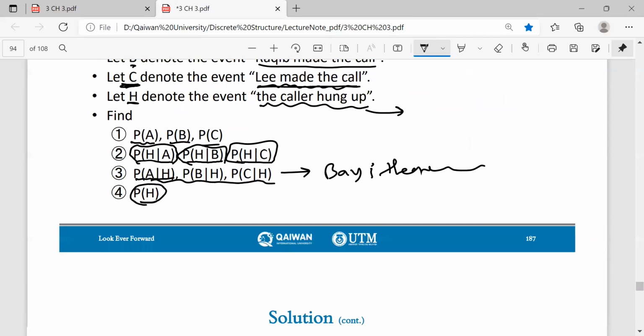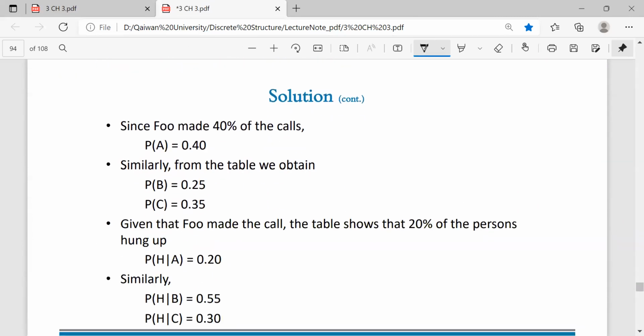Since Fu made 40% of the calls, that means probability of A is 0.40, because 40% of the calls are done by Fu. 40% means 0.40.